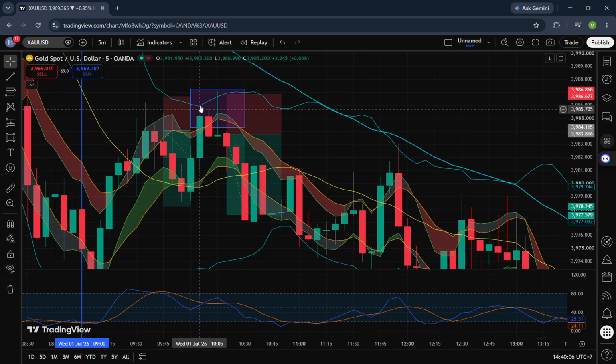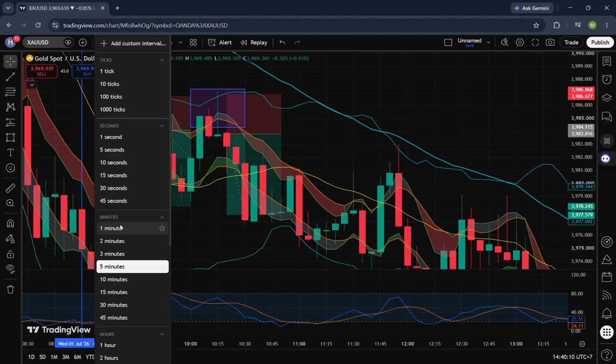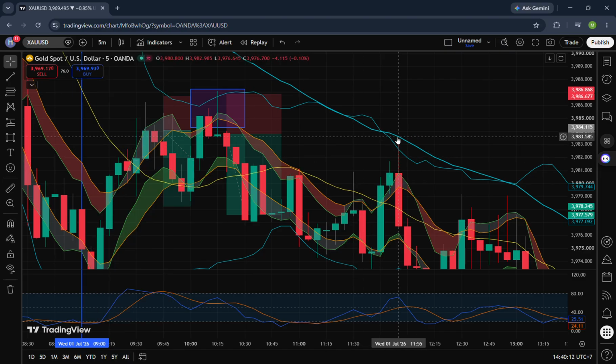So when I see the rejection right here, I go down to the 1 minute time frame to see if there is any spoon setup BBMA or not. Is there any extreme or not? Then you can actually enter the trade after the CSAK of the momentum.